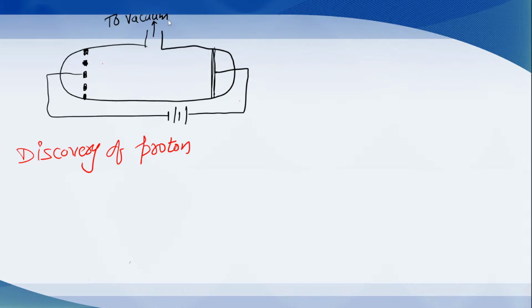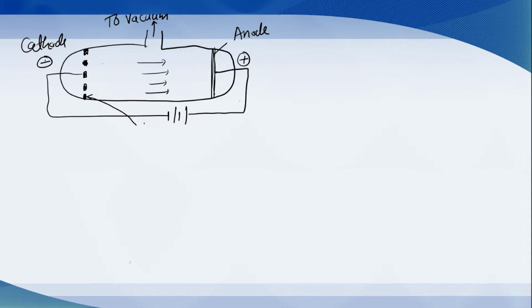Cathode rays are moving towards the anode. This is the perforated cathode.